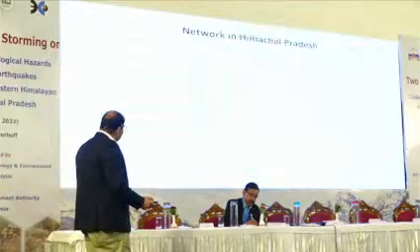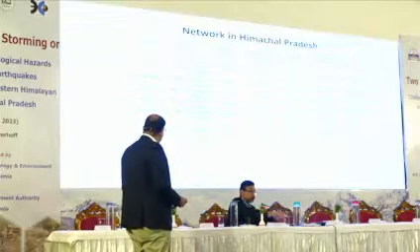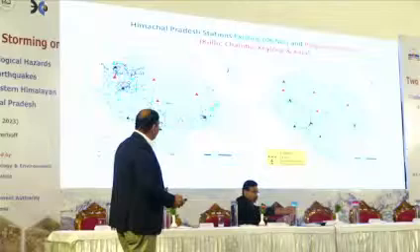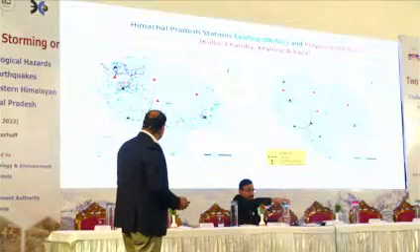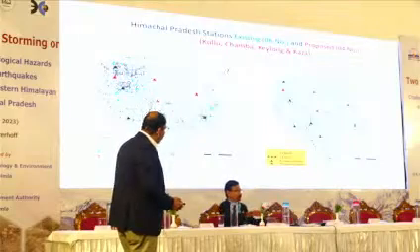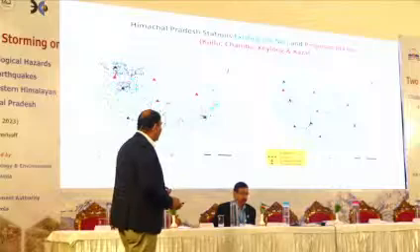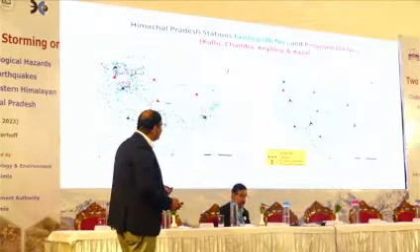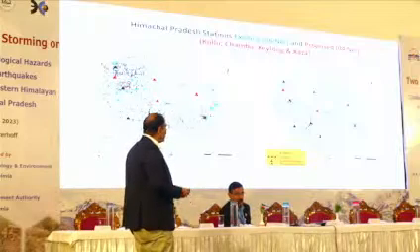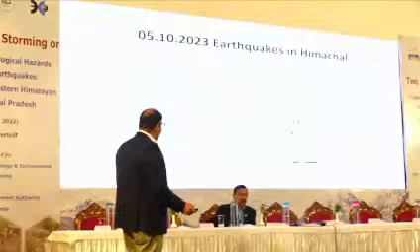In Himachal there are already 6 permanent stations, started in 1959. Here the black triangles are the permanent seismic stations deployed in Himachal Pradesh, and we are deploying 4 new stations within a year.